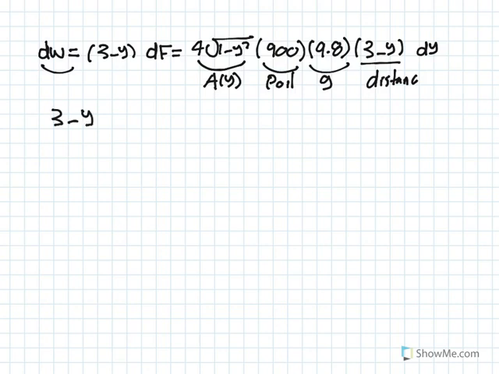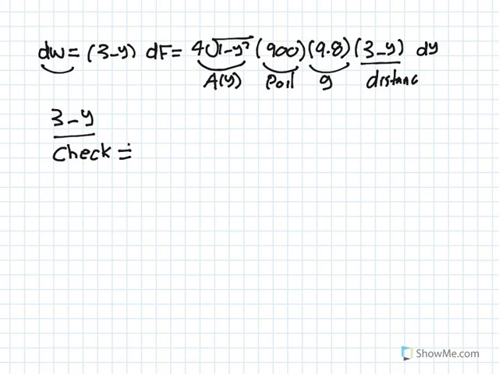Now the key concept is this 3 minus y. Let's define this and prove that this is actually the right quantity. This quantity represents the distance that each rectangular slice of oil at height y must travel to be pumped out of the outflow pipe. So let's check that for the bottom slice and the top slice, because if this distance works for the bottom slice and the top slice, it has to work for all the slices in between.